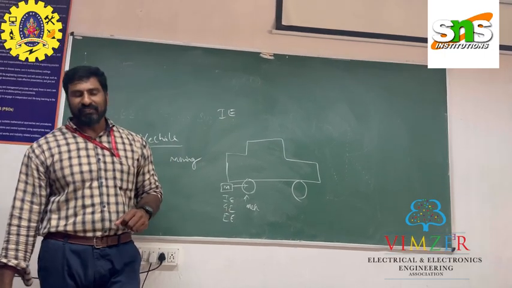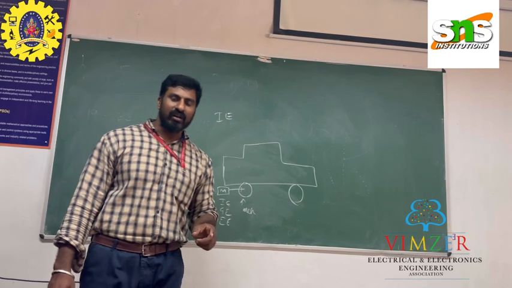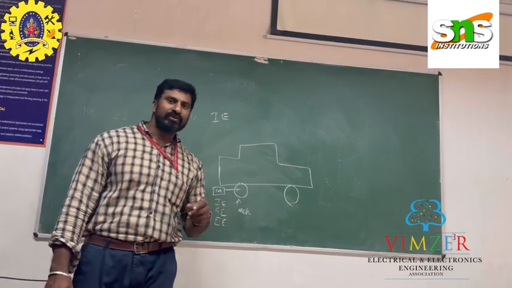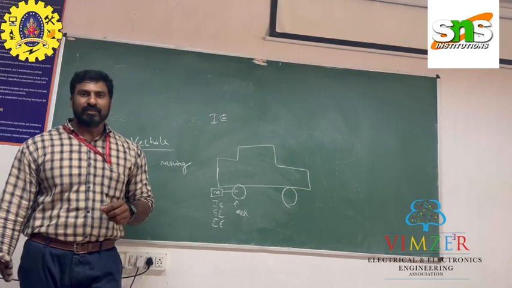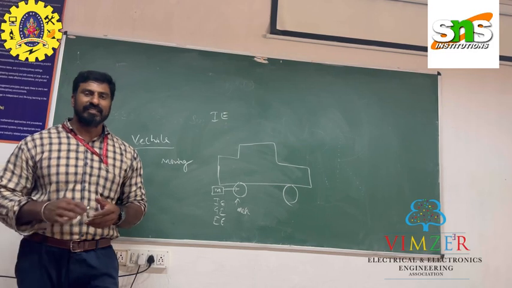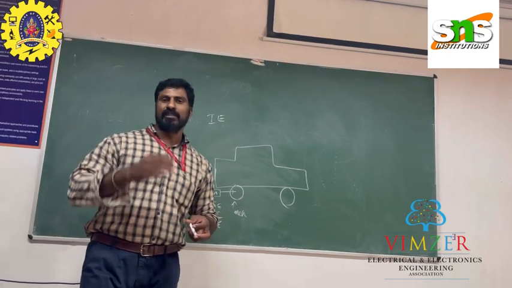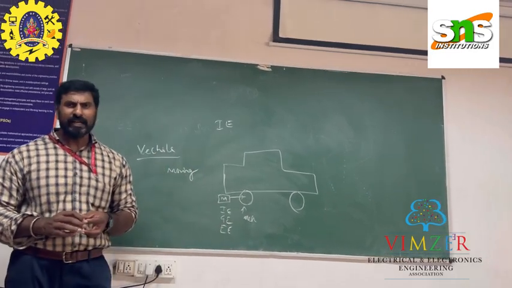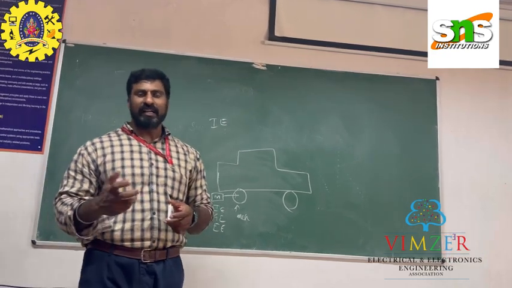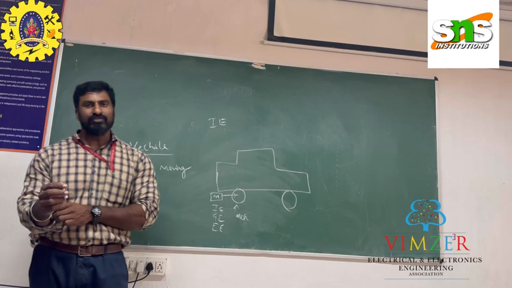Based on the application, we need to change the torque as well as the RPM values. That's why we introduce a transmission system, called the gearing transmission system, otherwise called the engine power transmission mechanism. That mechanism gives the desired output of torque as well as the desired speed.